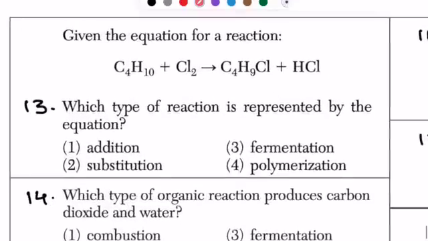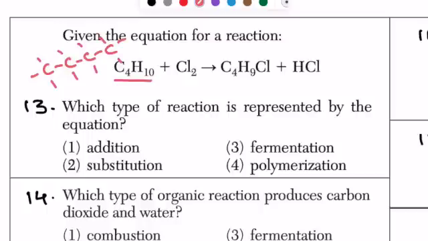So what type of reaction is represented by the equation? Here we see that we have this hydrocarbon. Let's draw this out. So 1, 2, 3, 4 hydrogens, and we only have 4 carbons and 10 hydrogens. So let's try to give them the maximum number of hydrogens first. 1, 2, 3, 4, 5, 6, 7, 8, 9, 10. There you go.